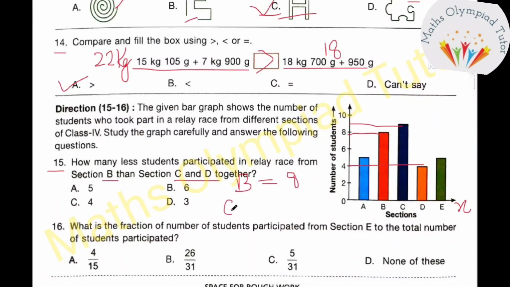C and D, C is 9 and D is 4. So 9 plus 4, that is 13. The question is how many less students in section B? So that is 13 minus 8, that is 5. So the answer is option A, that is 5.